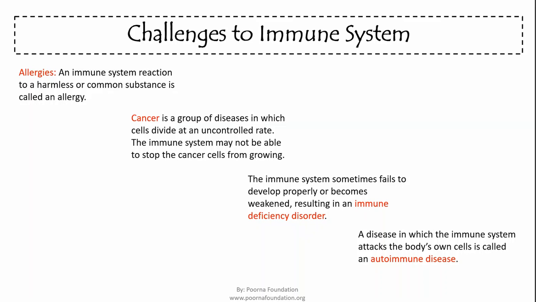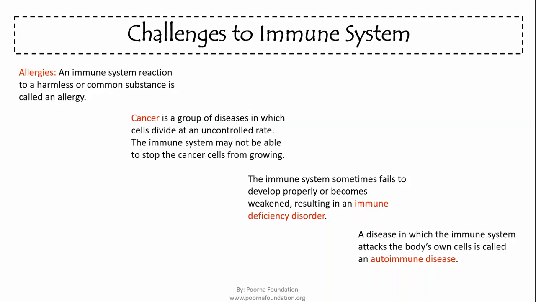The immune system also sometimes fails to develop properly or becomes weakened, resulting in an immune deficiency disorder. Think HIV or AIDS. These specifically infect the helper T cells, so that when the time comes to fight a pathogen, neither T cells nor B cells can be activated because the helper T cells aren't there to activate them.